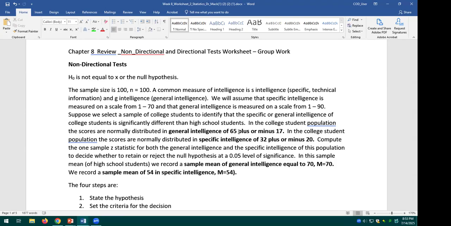So whatever that number is will tell us to reject or retain the null hypothesis. So that would be 29.41. Is that right? Yeah, 29.4. Again, a large number, way outside 1.96.